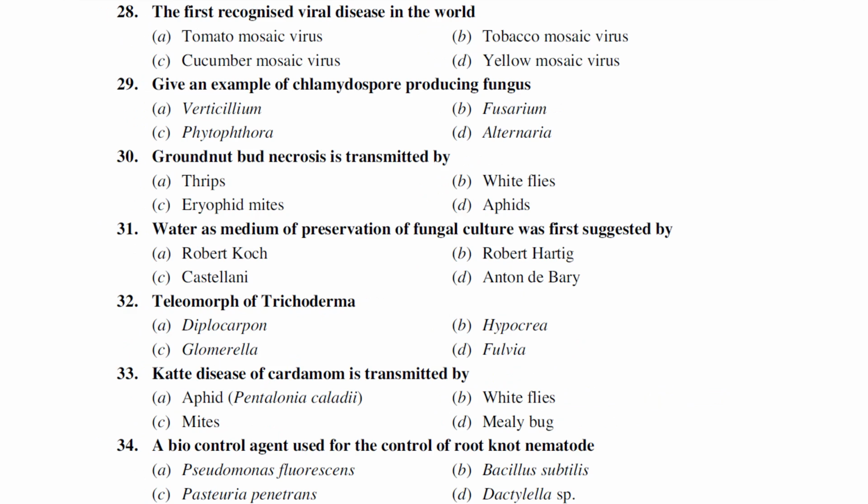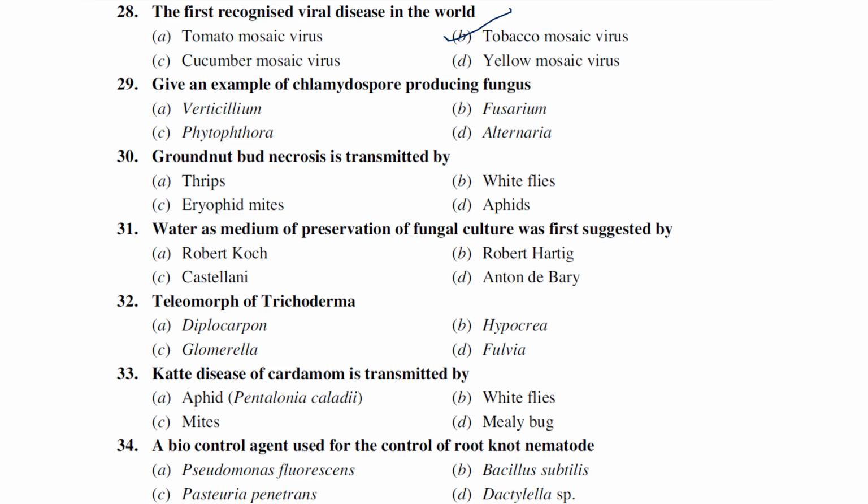First recognized viral disease in the world: tomato mosaic virus, cucumber mosaic virus, yellow mosaic virus. The first recognized viral disease in the world is tobacco mosaic virus, first discovered by Beijerinck in 1898, who also coined the term virus.